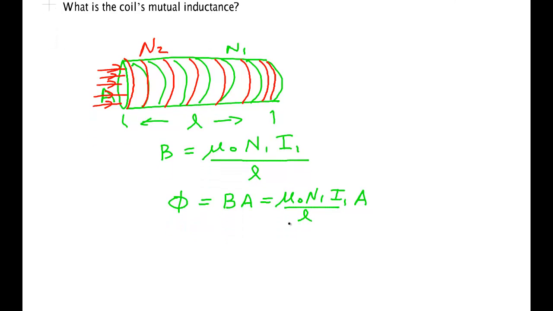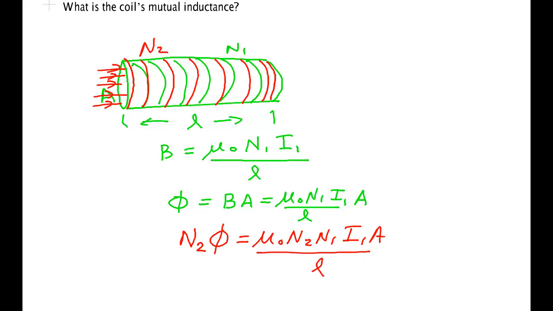To calculate the EMF here, the flux linkage, we have N2 times phi, which gives us mu naught N2 N1 I1 A over L.